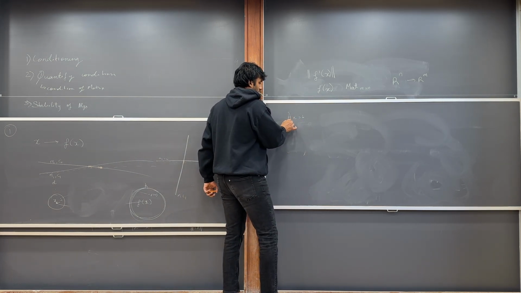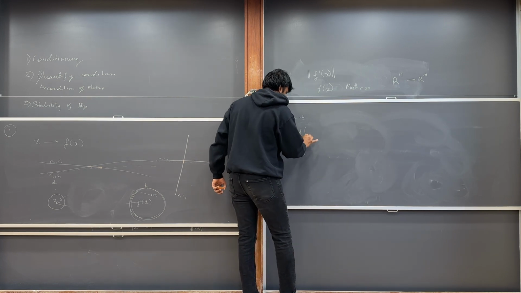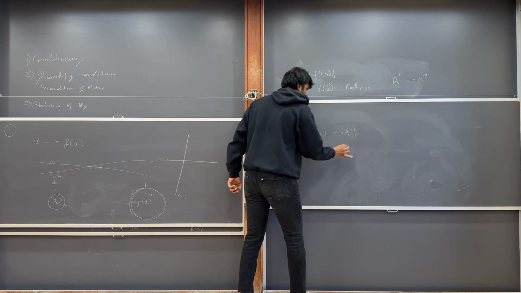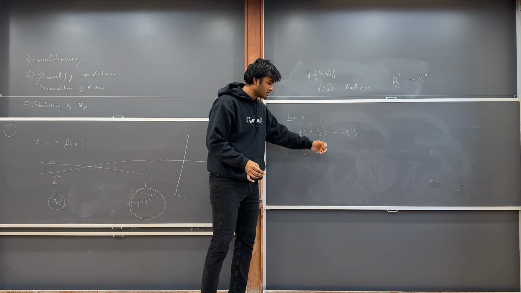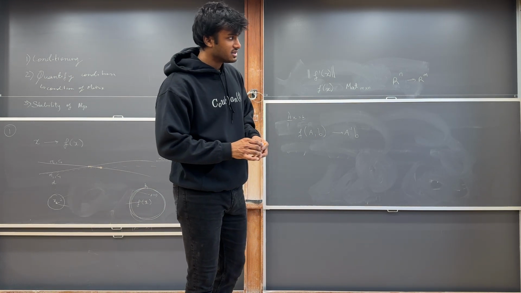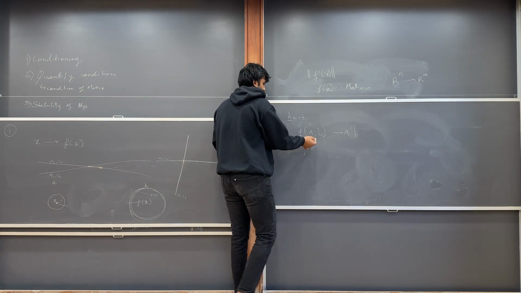I am given A, I am given B. This is my function. It takes an A, it takes a B, and it returns A inverse B. This is a function of two inputs, right? So we can analyze its condition number based on the two inputs separately.